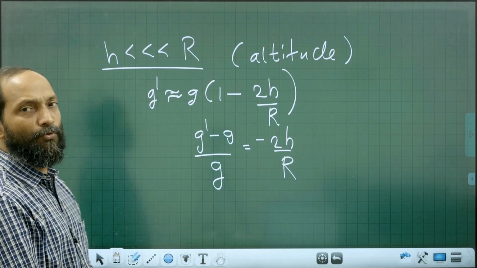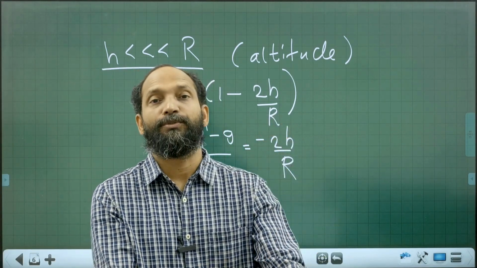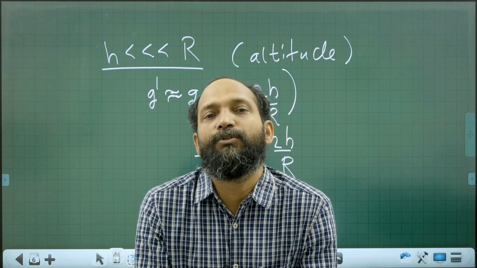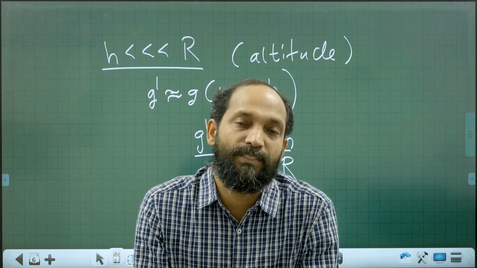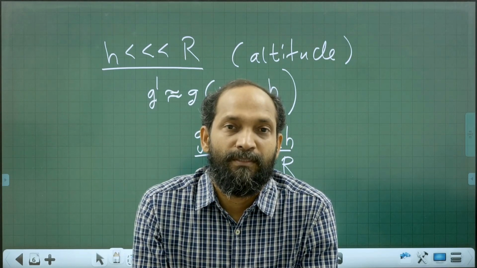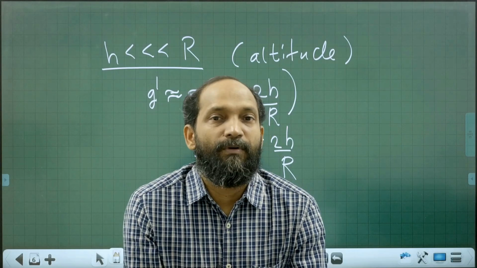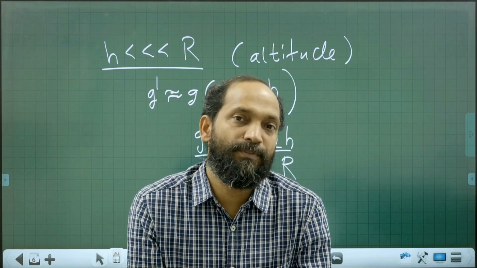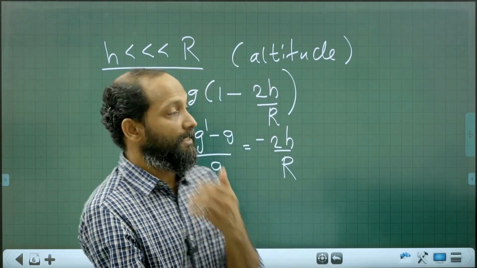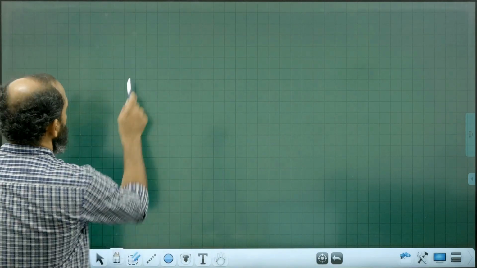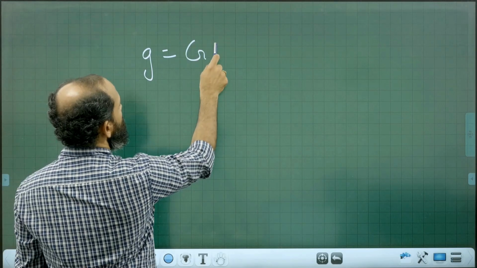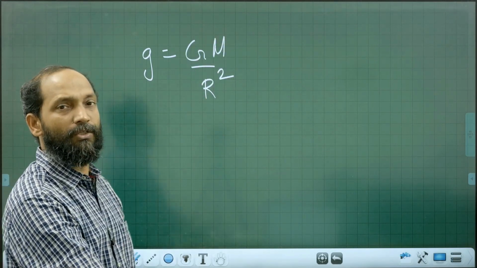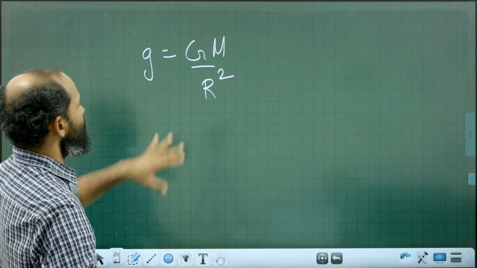So when you move from surface to altitude, the value of acceleration due to gravity decreases. The factors on which g depends are the mass of the planet, the radius of the planet, and the height above the planet surface. Once again, I am writing that formula GM divided by r square. And there is also a well-known formula deduced from this one.